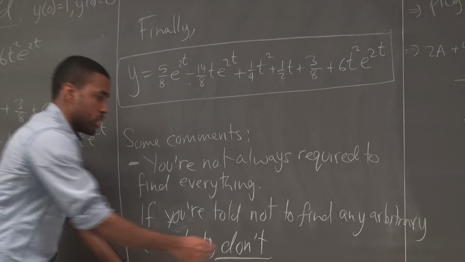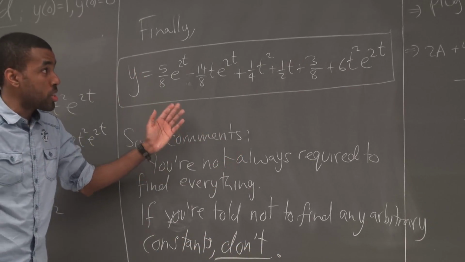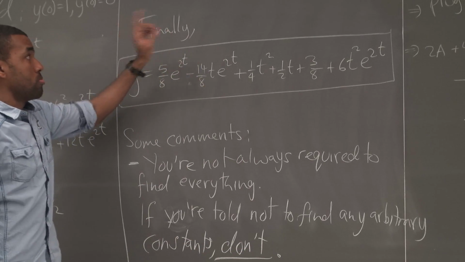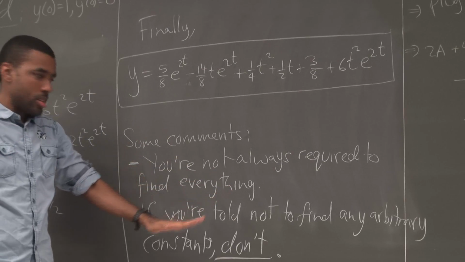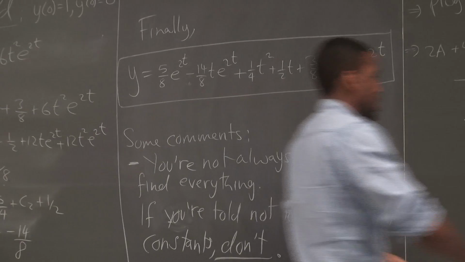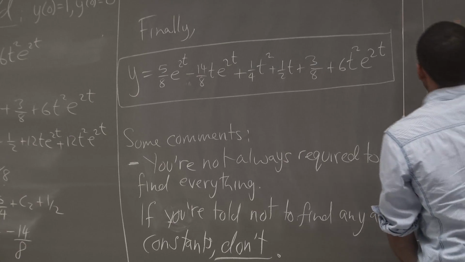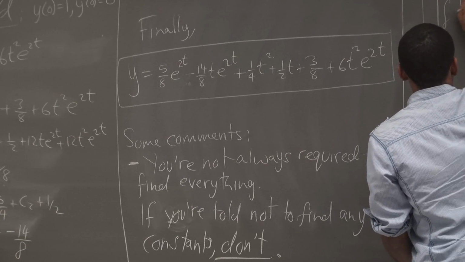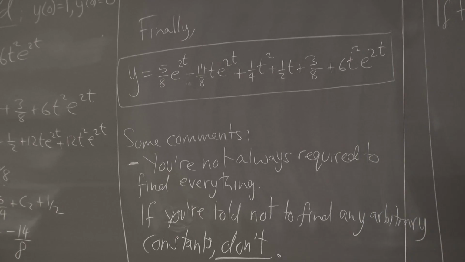Sometimes the question will say, you don't need to find any of the arbitrary constants. In that case, don't. We could have stopped right here when we had those A, B, C's, and D's. You could just stop there, if they say, don't find any arbitrary constant. And if they don't say that, then you'd have to take it all the way.